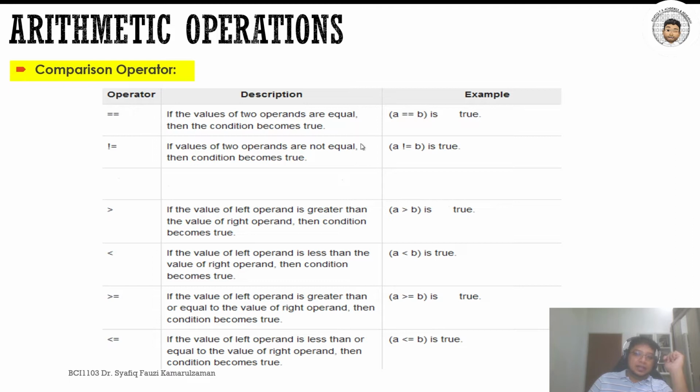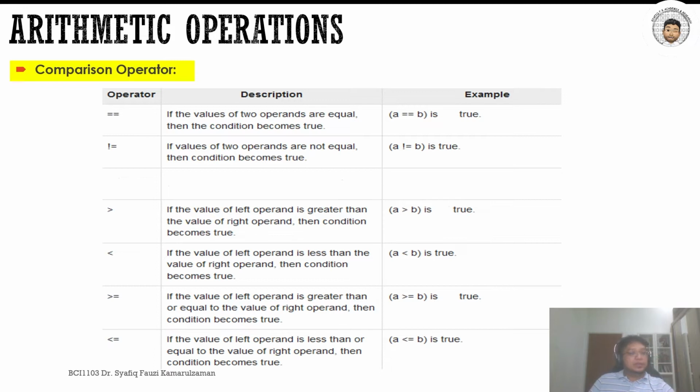All of the answers are either true or false, 0 or 1. So if A is equal to B, meaning it's truly equal, the answer will be true. And if it's not equal, and you use the correct symbol, it will also be true.